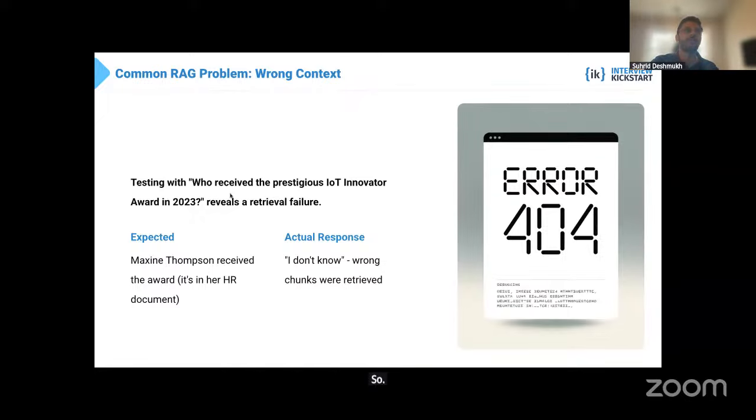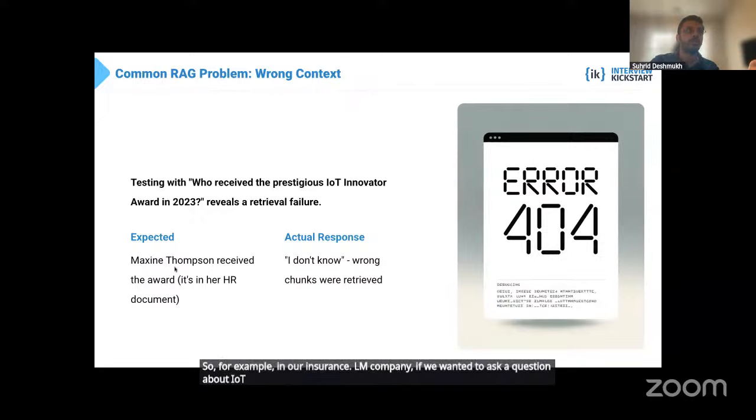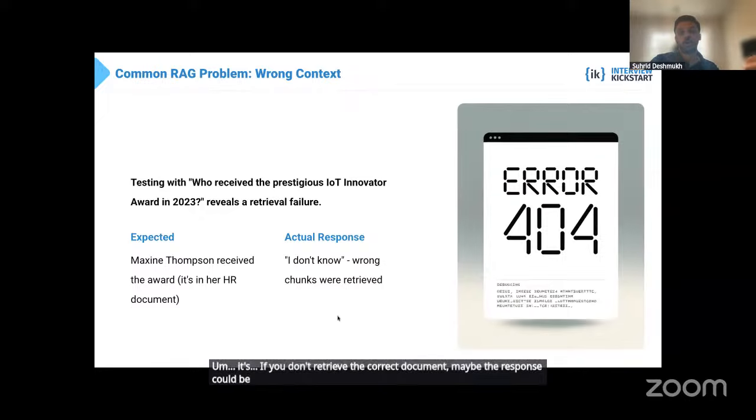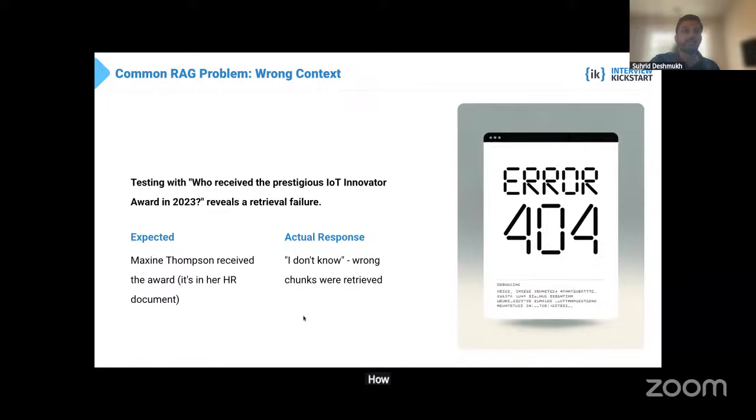So for example, in our insurance LLM company, if we wanted to ask a question about the IoT Innovator Award, and you don't retrieve the correct document, maybe the response could be "I don't know." And so how would you tackle this problem?